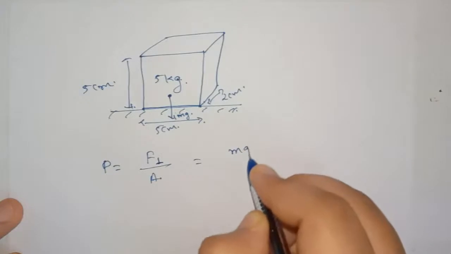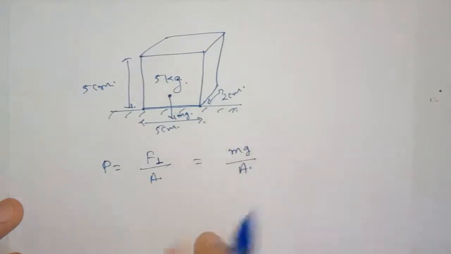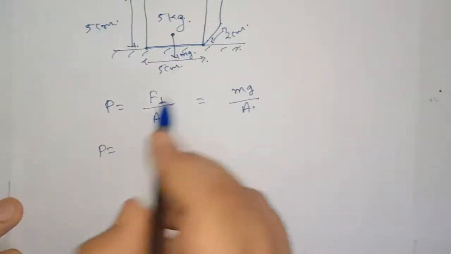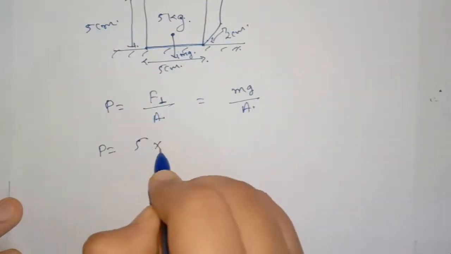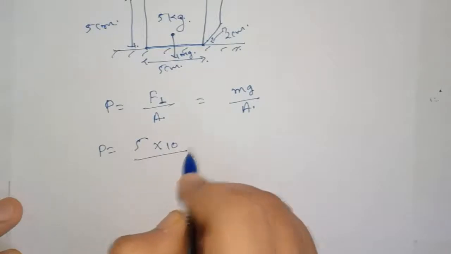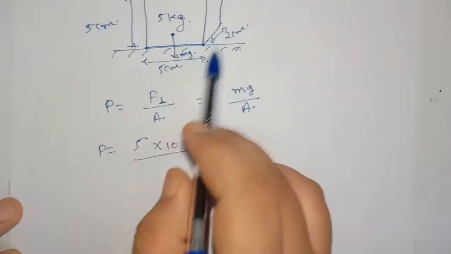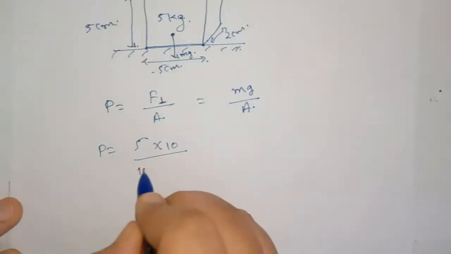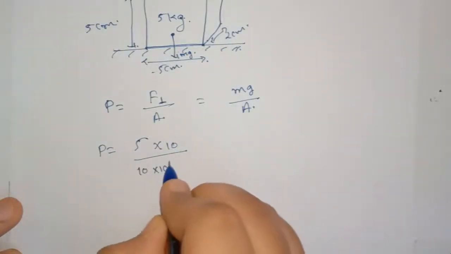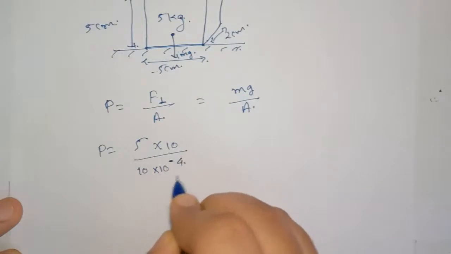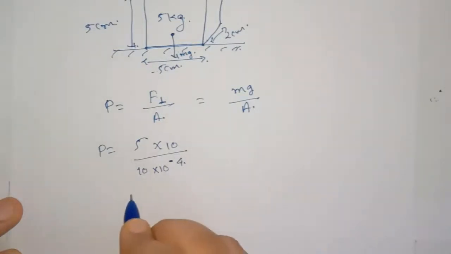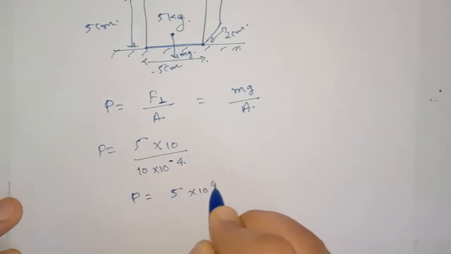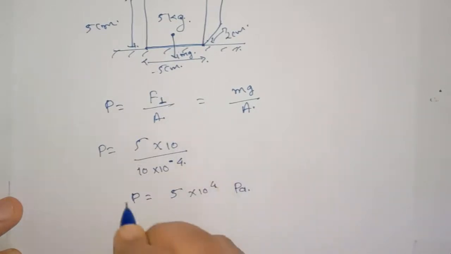In this particular case it will be mg upon A. Now, given mass of object 5 kg, g is 10, area will be, the area of contact is 5 cm and 2 cm, so 10 into 10 power minus 4, because we want it in meter square. So pressure will be equal to 5 into 10 power 4 Pascal.